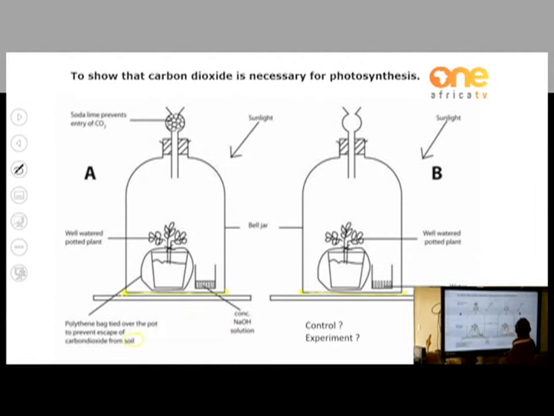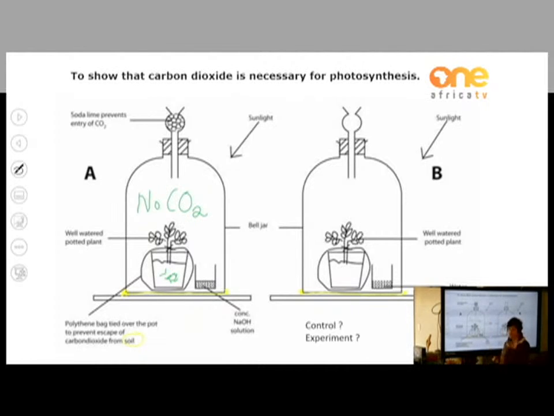Why? Because remember, in the soil there are a lot of microorganisms. These microorganisms respire, and they will give off carbon dioxide. We want to make sure that there is no carbon dioxide in this jar.